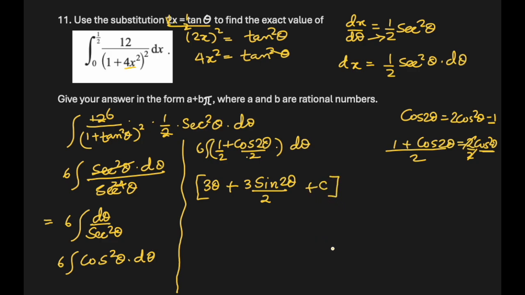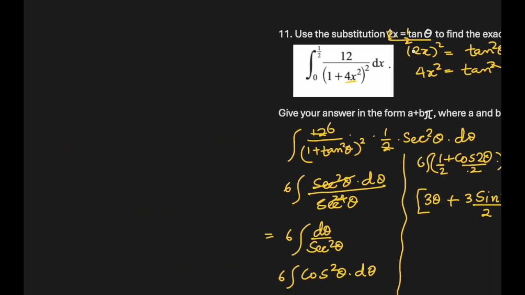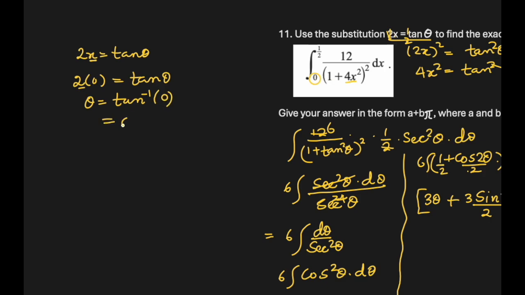Now limits are to be found out, so let's do it here. We wrote that 2x is equal to tan theta here, right? I want to change the limits. So if x is 0, so 2 times 0 is equal to tan theta, right? So this is 0, so theta becomes tan inverse 0, which is 0.